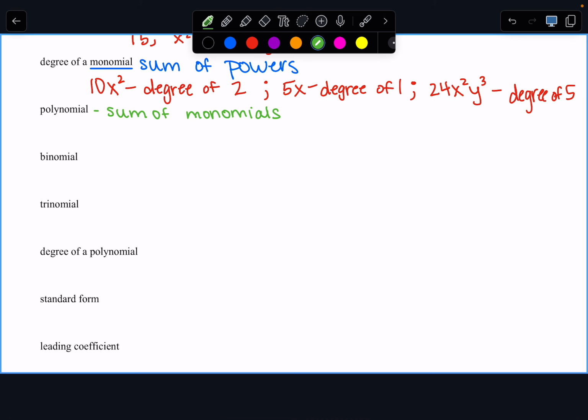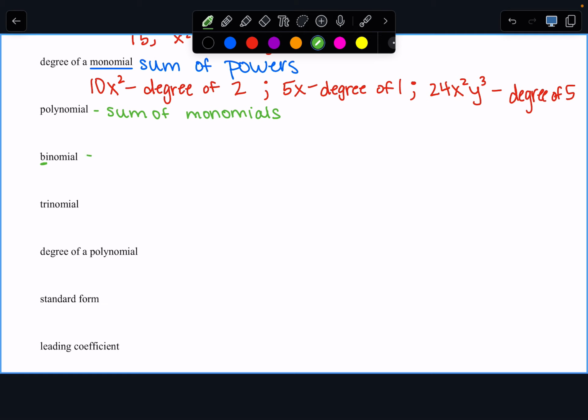We will see binomials, trinomials, and polynomials with a varying amount of terms, okay? But when you see the word binomial, what number is associated with bi? 2, like a bicycle has 2 wheels, okay?